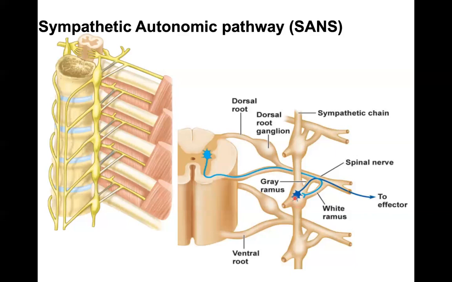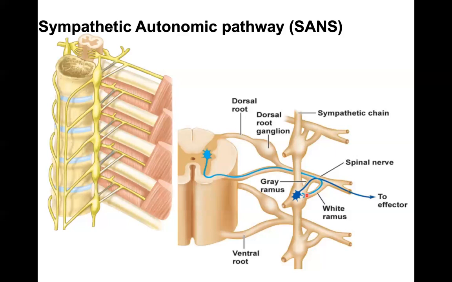Then in dark blue here is the postganglionic neuron, and this one extends out through the gray ramus and out through the spinal nerve to the effector. So the preganglionic neuron enters into the spinal nerve, and then it takes this weird turn into a structure that's called the white ramus.